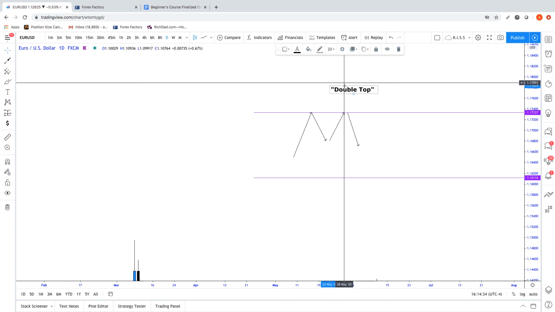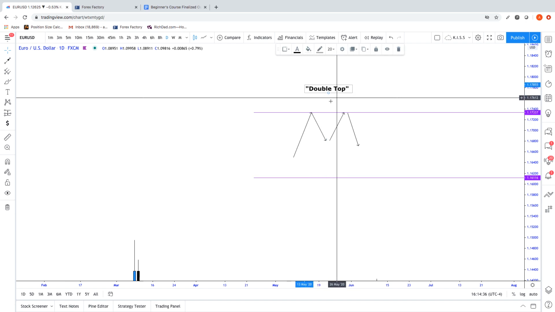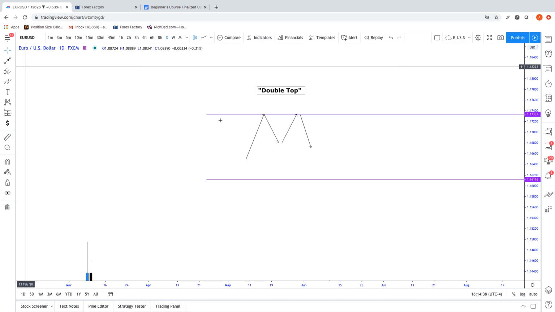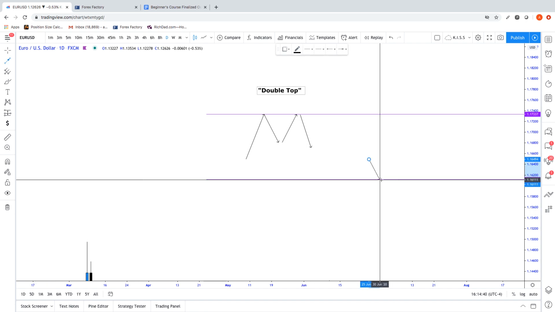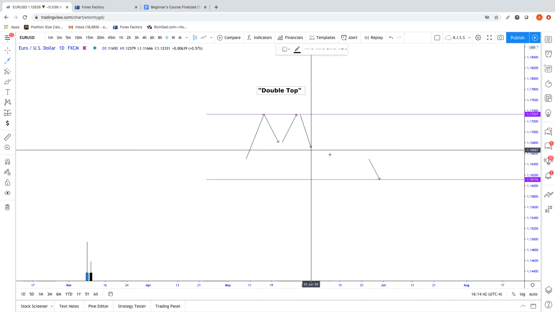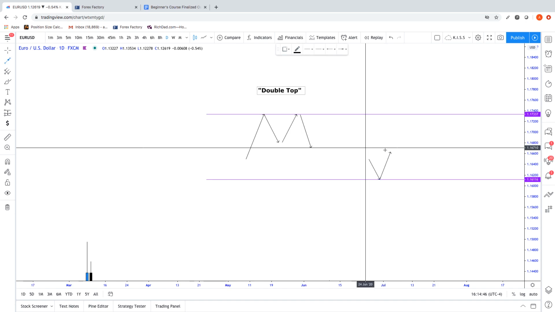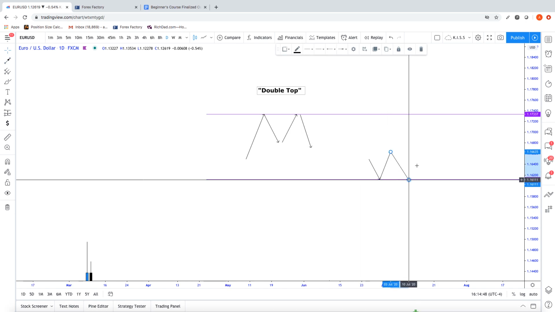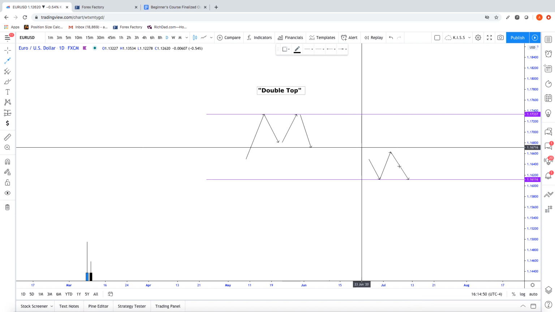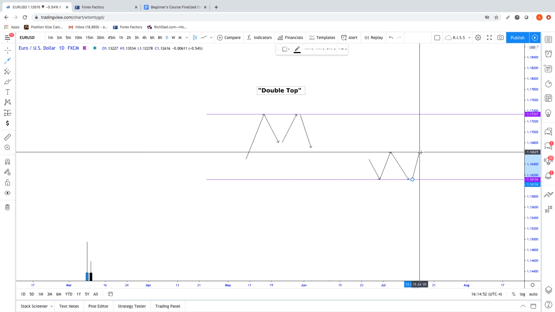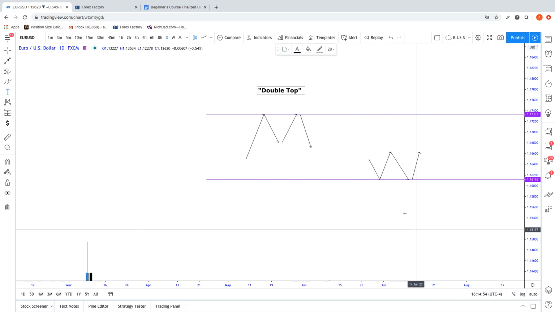Okay? A double top, and vice versa, a double bottom.